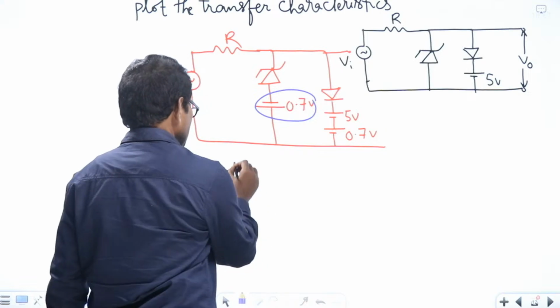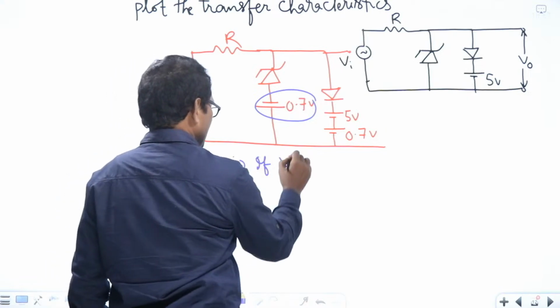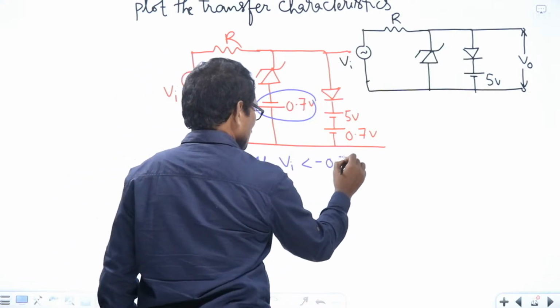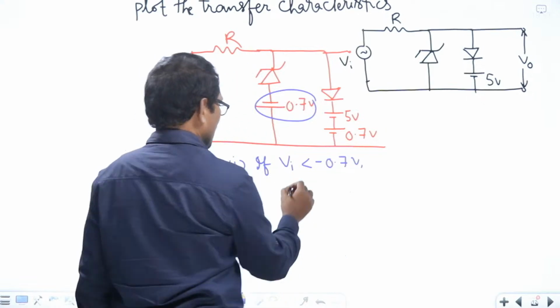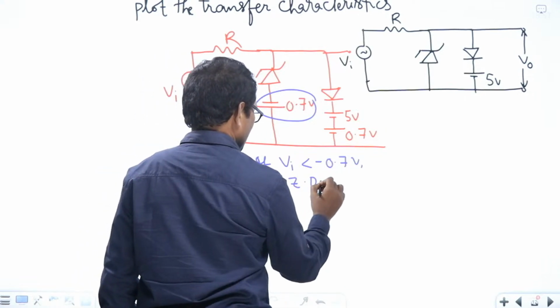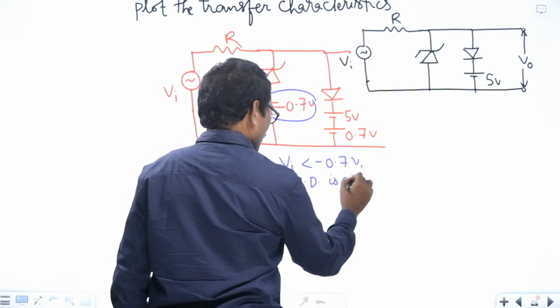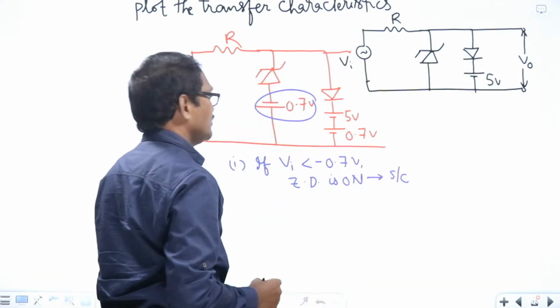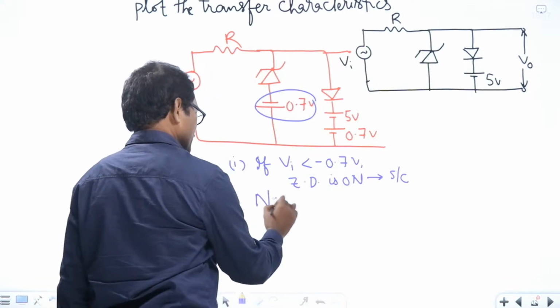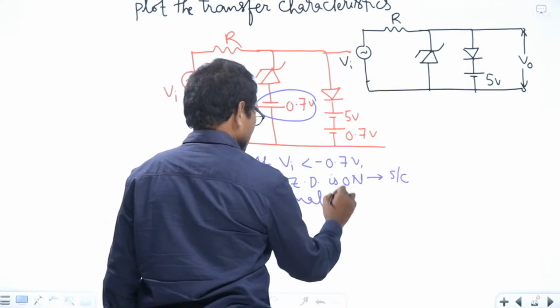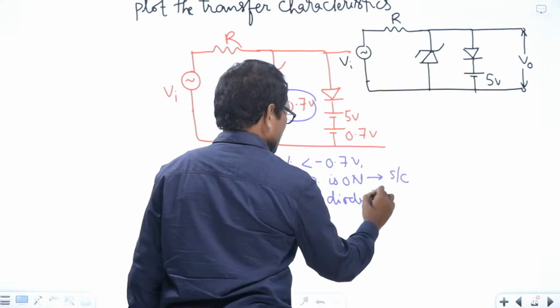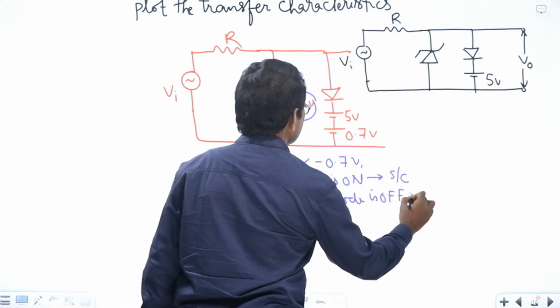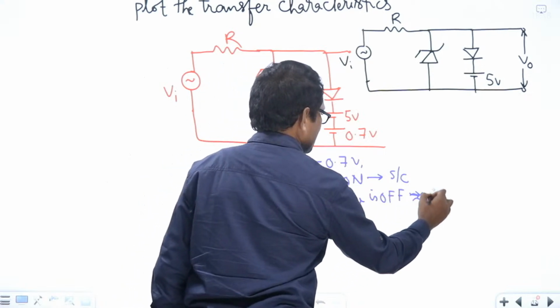That means if Vi is less than minus 0.7 volts, then the Zener diode is on, replaced by a short circuit, and the normal diode is off, acting as an open circuit.